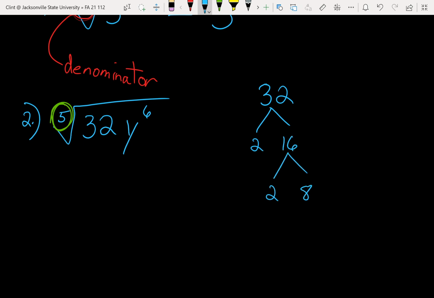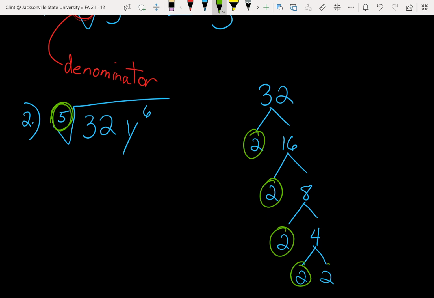That's 2 times 8, 2 times 4, 2 times 2. So there we have 1, 2, 3, 4, 5 2's. 2 times 2 times 2 times 2 times 2. We could write 32 as 2 to the 5th power.